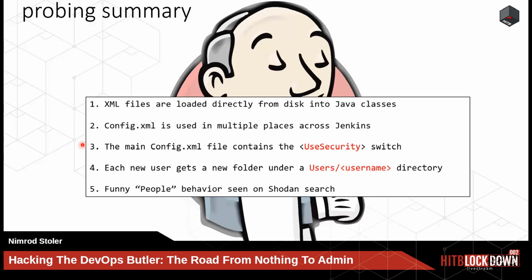We've also learned that config XML files are used in multiple places across the Jenkins file system. These XML files are used to configure Jenkins Java classes. The main config XML file, and this is an important point, contains the security on-off switch of the entire Jenkins infrastructure under the use security tag. We've seen that.